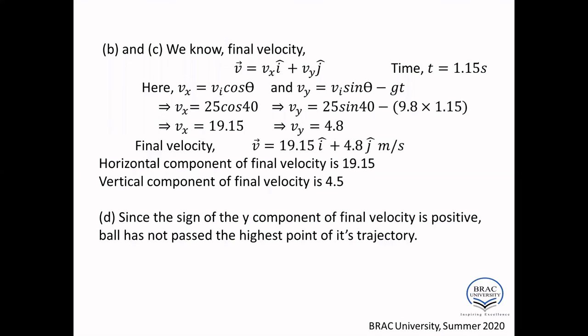So Vy equal to 4.8. So this is the basic calculation. So the final velocity is V equal to 19.15 i plus 4.8 j meter per second. So from this we can say the x component is 19.15 and the y component is 4.5. Okay. Oh, sorry, 4.8. There is a mistake. So this will be 4.8.